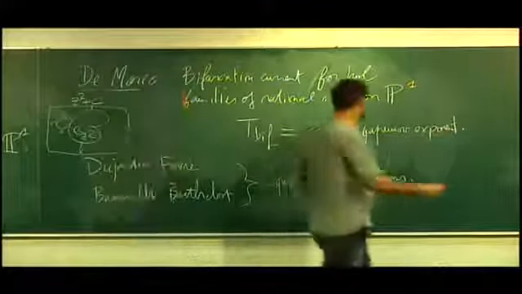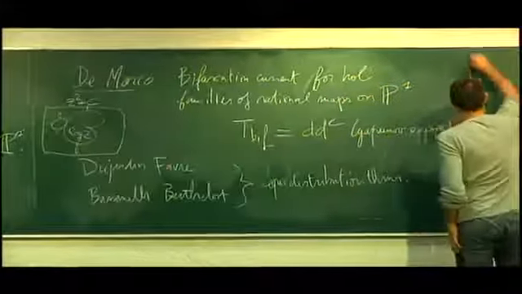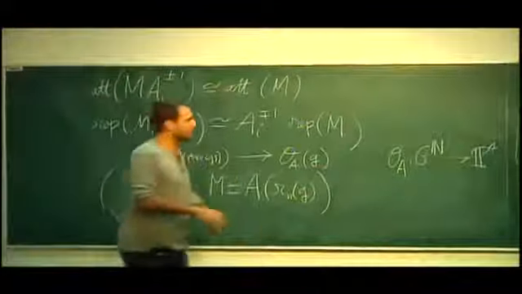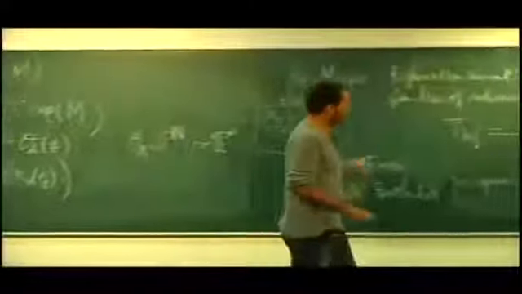Okay, so I wanted just to say that there is a counterpart which exists on the side of rational maps acting on P1, but I don't think the time will permit to do that.